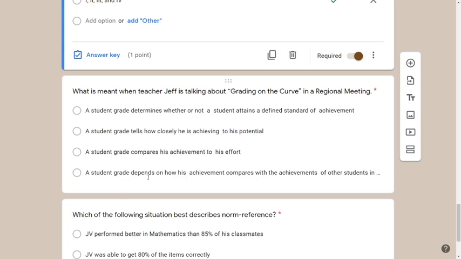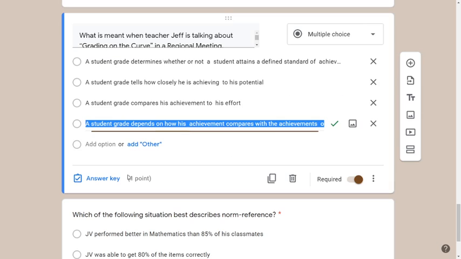D, a student grade depends on how his achievement compares with the achievement of all other students. Okay, I believe that D sounds closest, right? It's a little bit off from my explanation on grading on the curve, but let's go ahead and see.